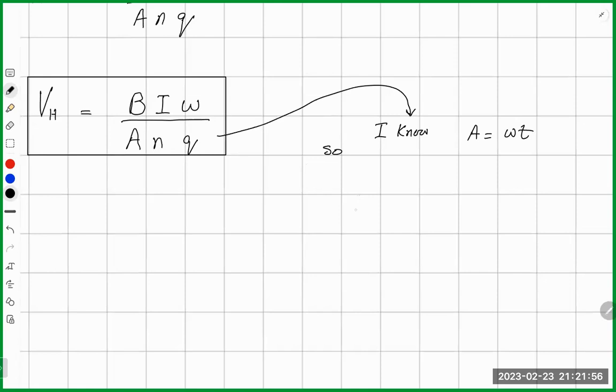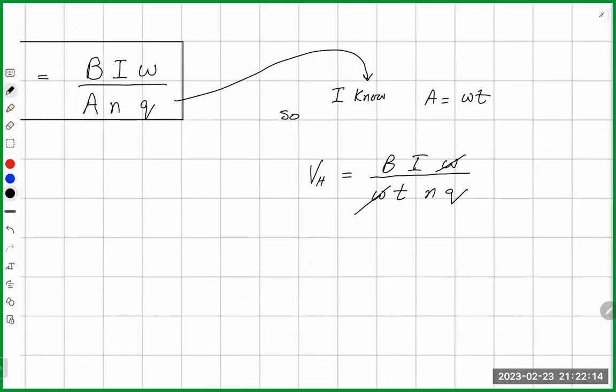So Hall voltage becomes BIW over WTNQ, and I think you can see that W becomes irrelevant. And here we have the formula for Hall voltage: BI over NTQ.